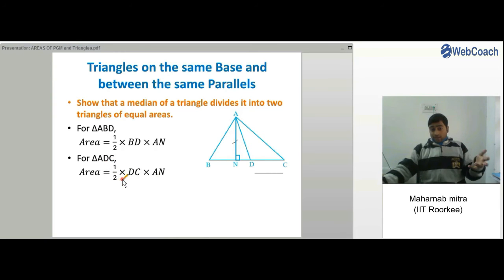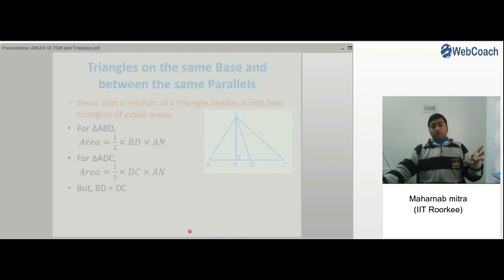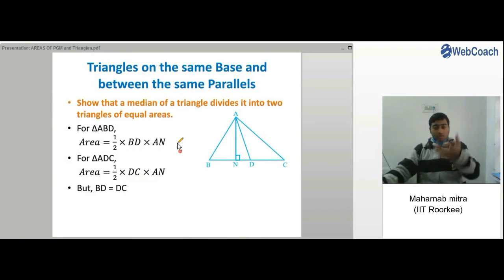Now are these two areas the same? For both of them the heights are the same, AN, so we must find out whether their bases are the same or not. If their bases are same, their areas must also be the same. And as D is the midpoint of side BC, obviously BD will be equal to DC, or their bases are equal.